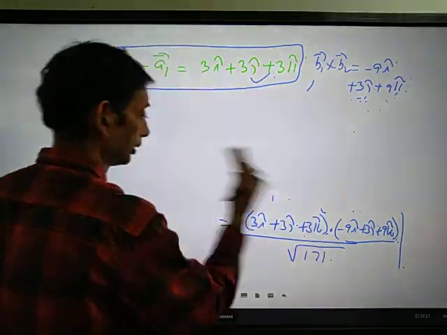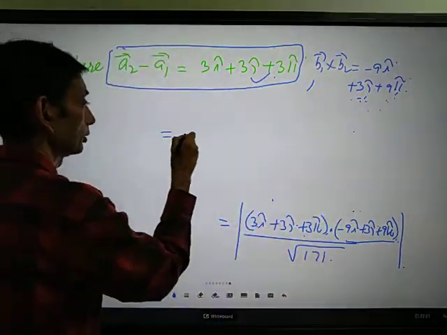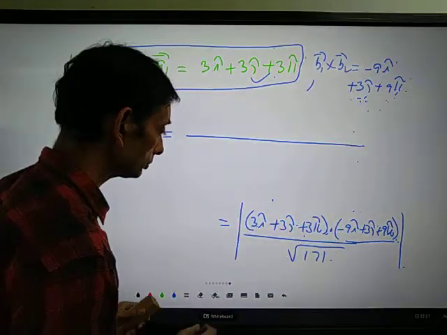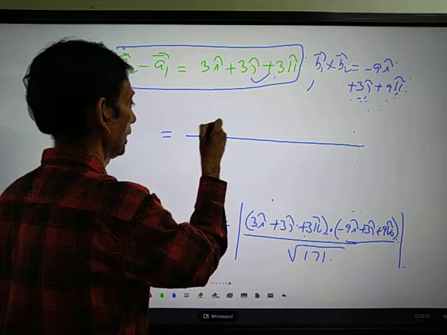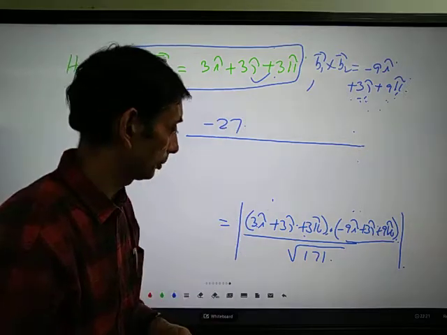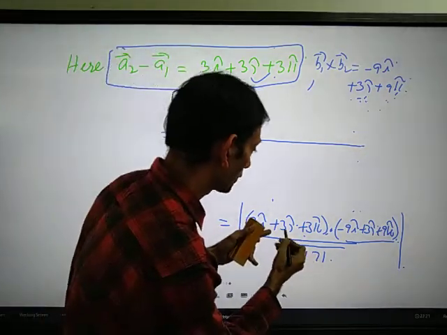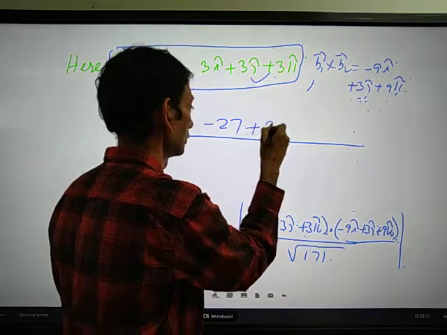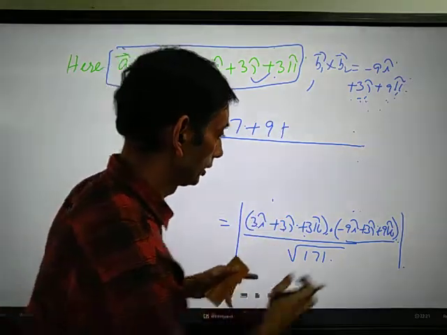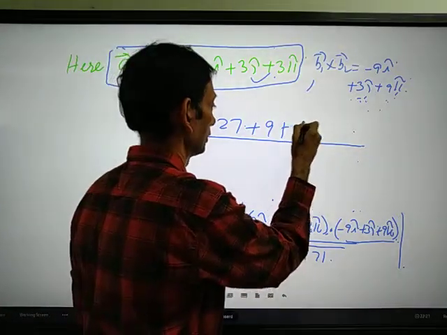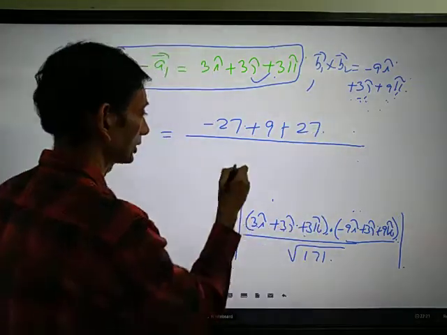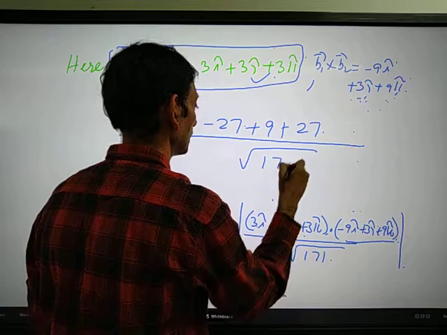So this is equal to 3 into minus 9, so minus 27, and 3 into 3, that is plus 9, and plus 9 into 3, 27, over square root of 171.